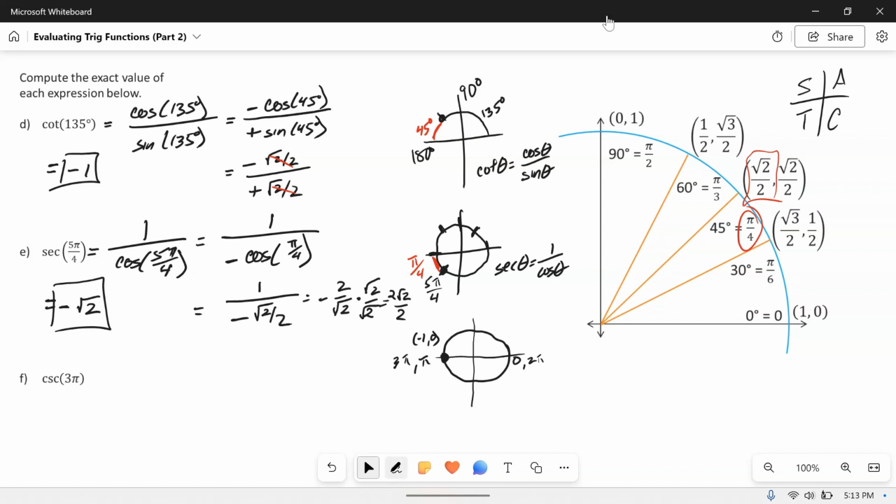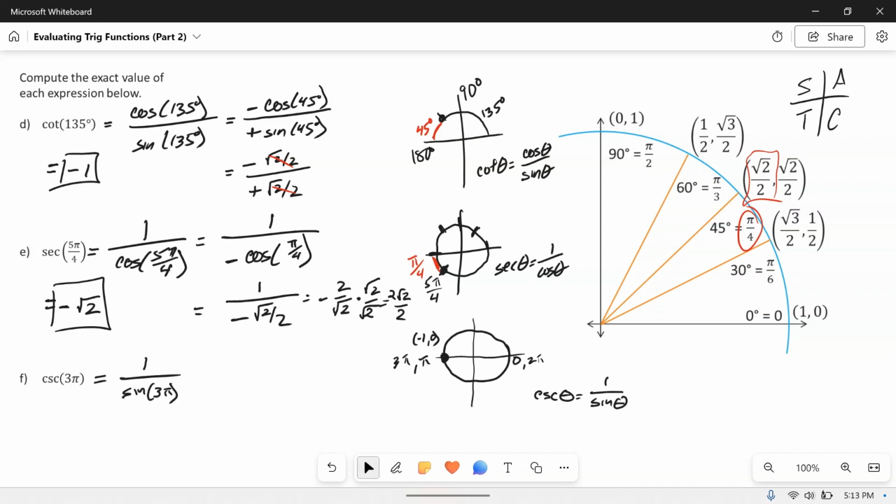Okay. So to figure out what cosecant is, again, we want to use our identities. We know that cosecant of theta is the reciprocal of sine. So cosecant of theta is 1 over sine of theta. So that means that cosecant of 3 pi would be equal to 1 over the sine of 3 pi.